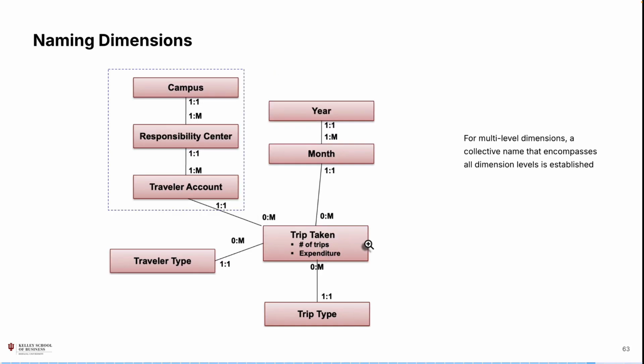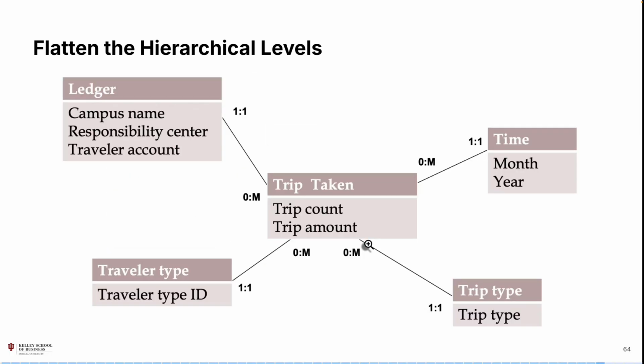For multi-level dimensions, we often will have to denormalize them. The denormalization will happen by flattening the hierarchical levels. So in this example, instead of using 3 different tables, I'm actually going to use one single table. In this table, we will have campus, responsibility center, and traveler account.